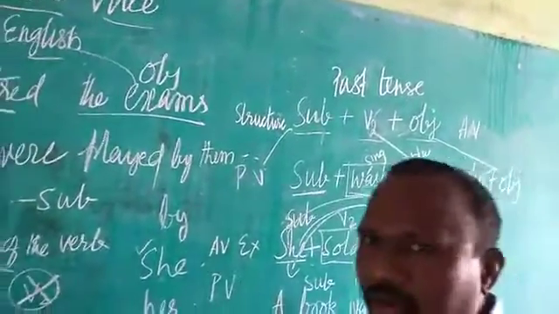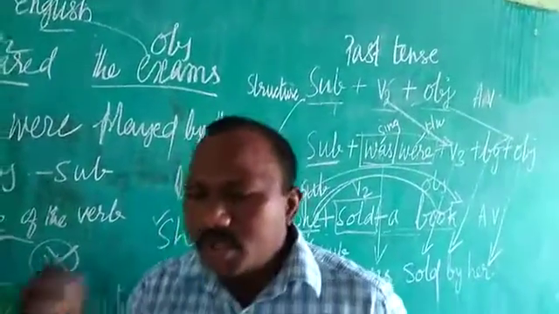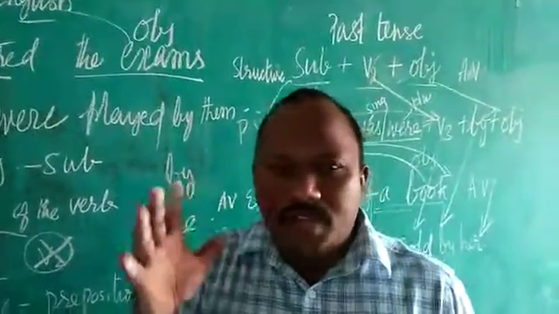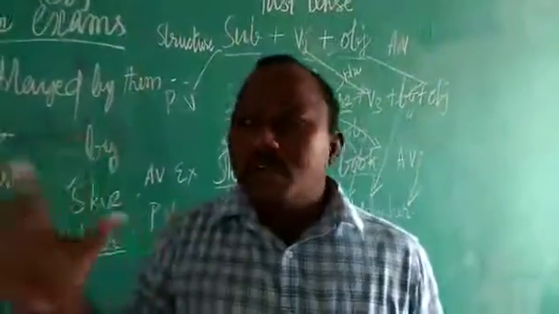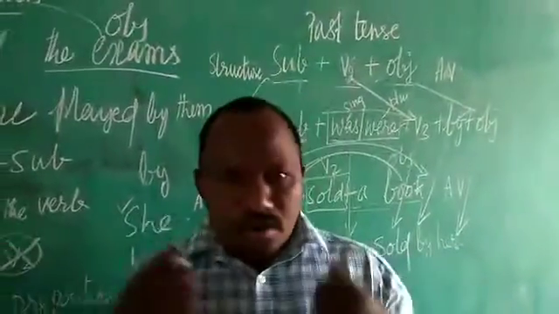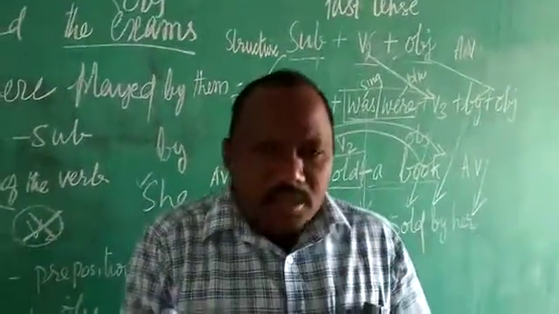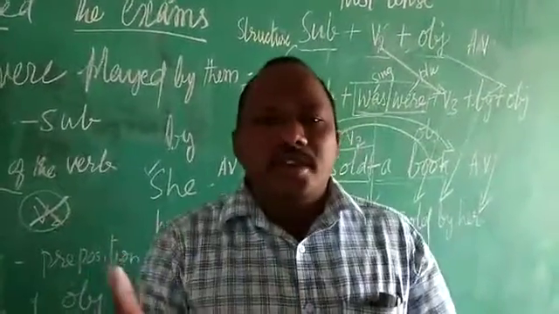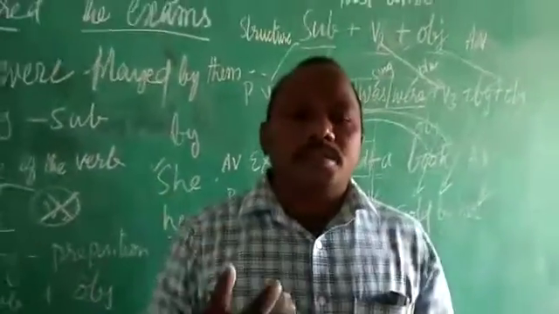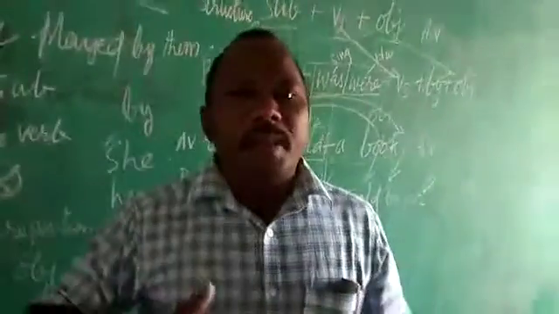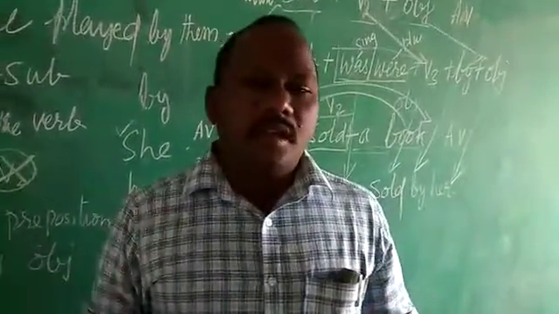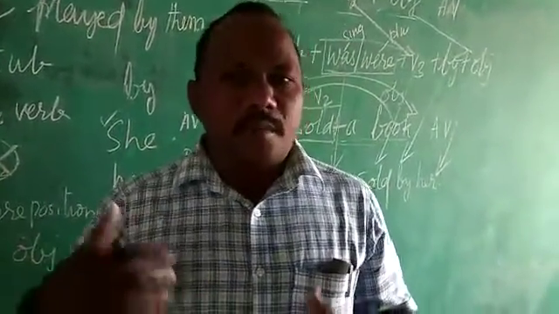So remember this, children. You can write any number of sentences; you should just know the structure. If you know the structure, you can write and then change. Remember this and try to write some sentences of your own, so that it will be easier for you to make sentences in past tense from active to passive. Thank you.